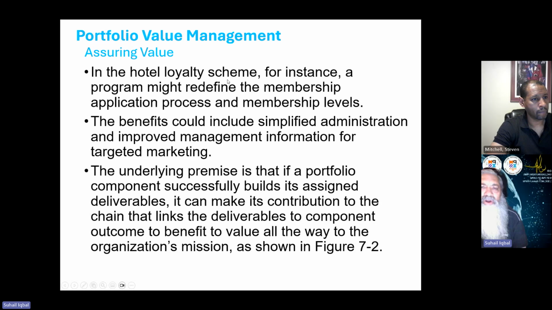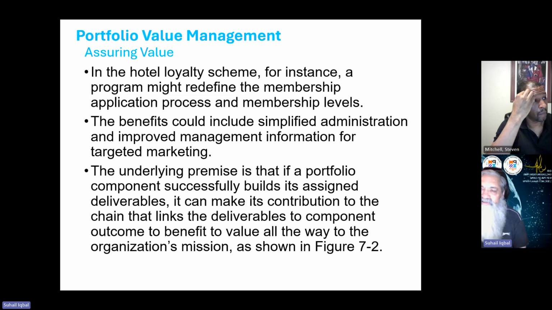Example, in the hotel loyalty scheme which we discussed, a program might redefine the membership application process and membership levels. If we are unable to get value out of that scheme, we may have to improve it, right? Maybe the application process is too lengthy, too complicated.